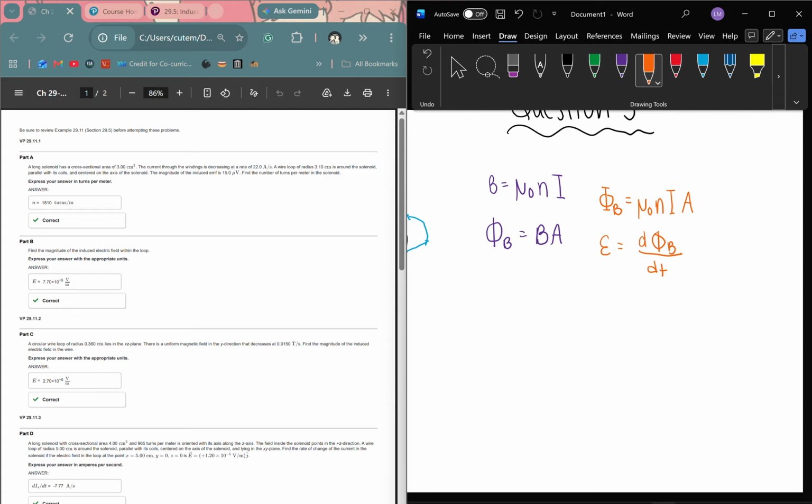Since only the current changes, we keep the number of turns and the cross-sectional area constant.